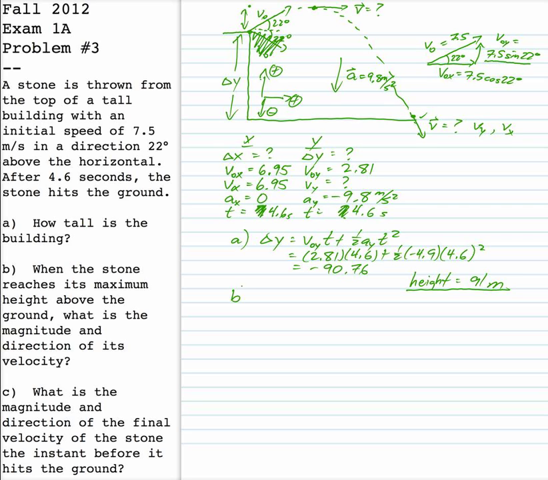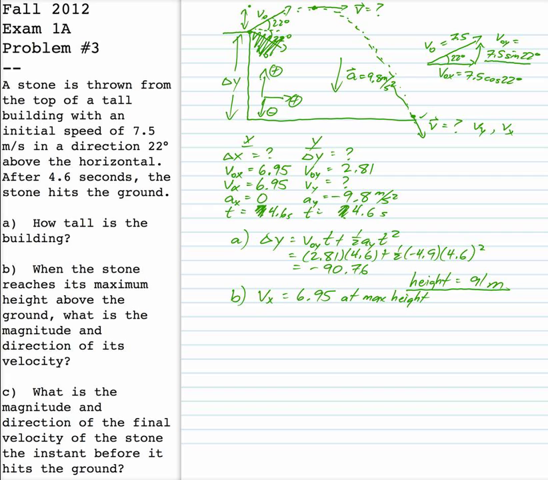Alright, part B says, when the stone reaches its maximum height above the ground, what is the magnitude and direction of its velocity? Well, I don't really have to do anything here. This is all in the assumptions, right? I know that throughout the motion, Vx is equal to 6.95, at max height too. Vx is 6.95 at every point along the motion.